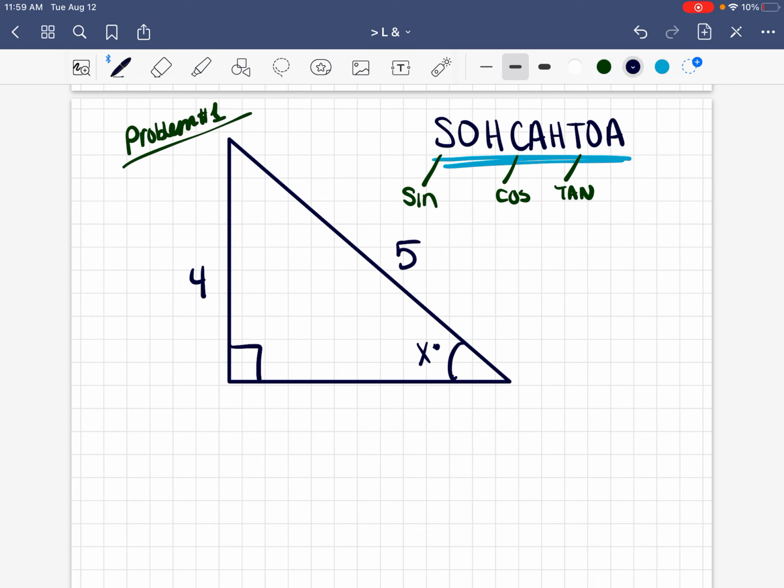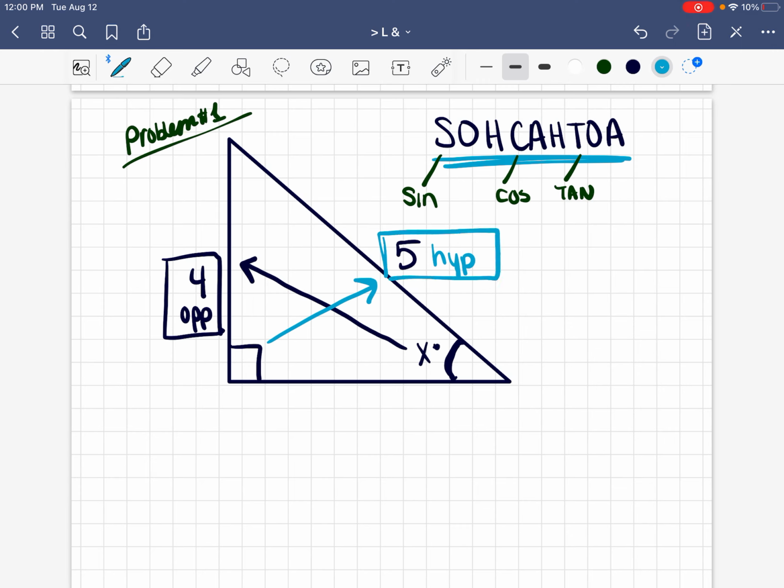So again, if you look at this angle X, I'm going to draw my arrow across. Across from the angle, that would be the opposite side. So we are given one side, which is the opposite side. And then if you go across from the right angle, you're given the hypotenuse.